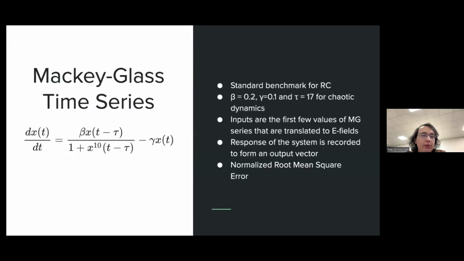The Mackie Glass time series is a pretty standard benchmark for RC devices, to show that the reservoirs can also implement more complex tasks than simple waveform recognition.